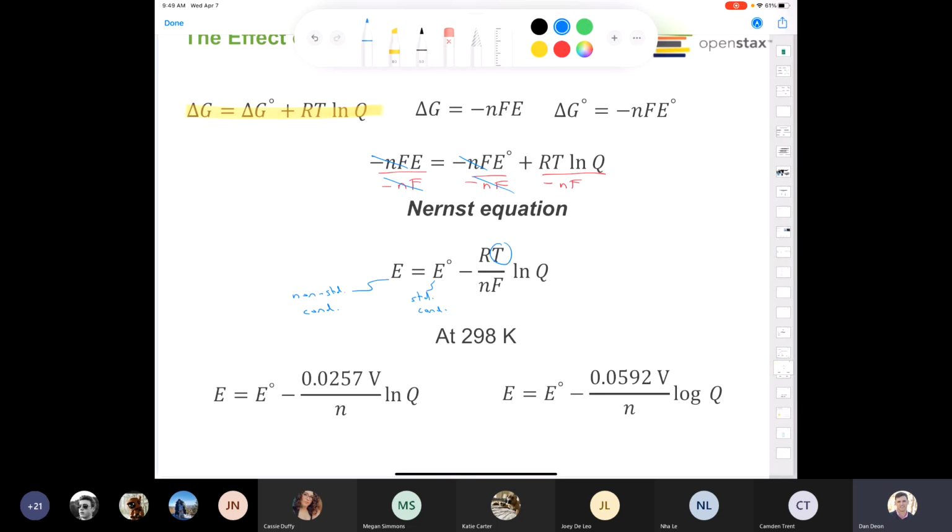So since T doesn't vary a whole lot, we can simplify the Nernst equation to this form right here. This is the one I'm going to use most of the time. E is equal to the standard cell potential, subtract 0.0257 volts divided by the number of electrons transferred, multiplied by the ln of Q.